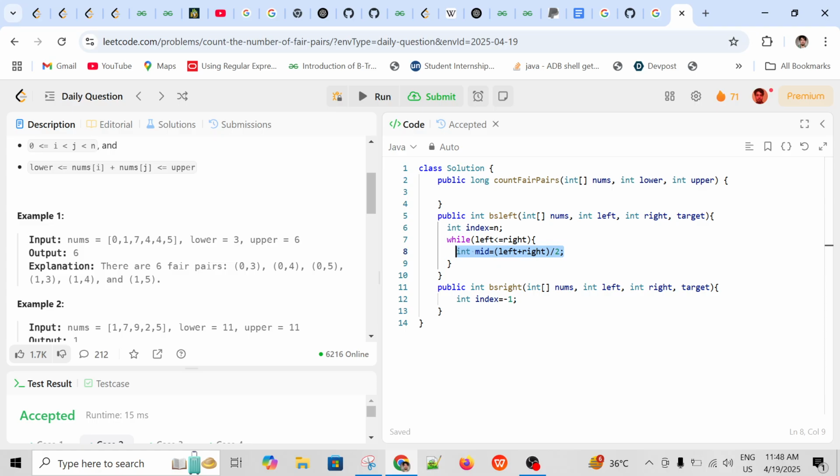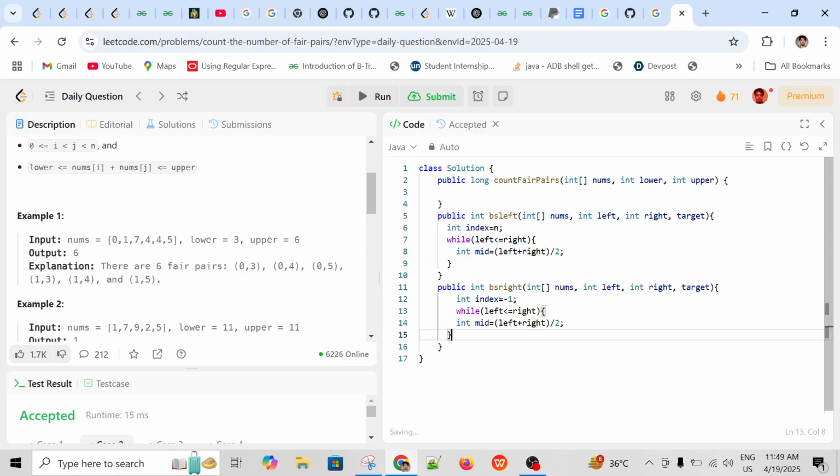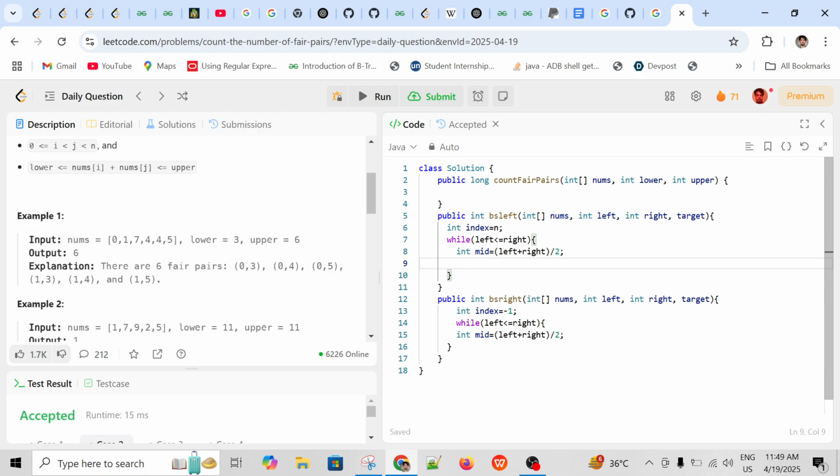This will be the same for this one. Now if nums of mid is greater than or equal to target, this means that this could be the potential answer.